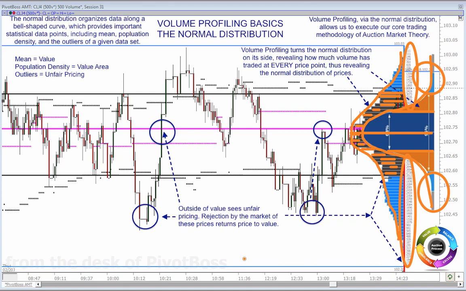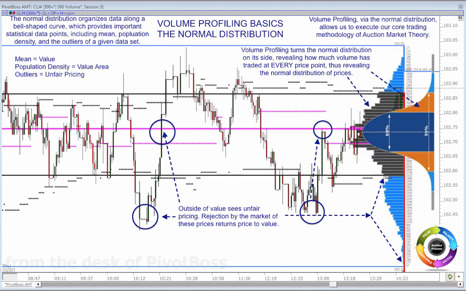And if you remember, volume profiling is all about helping us identify those price levels where you're seeing acceptance or rejection. So if we continue to look at this, right here in the thickest part of the profile, that is acceptance. So this entire area right here is acceptance.